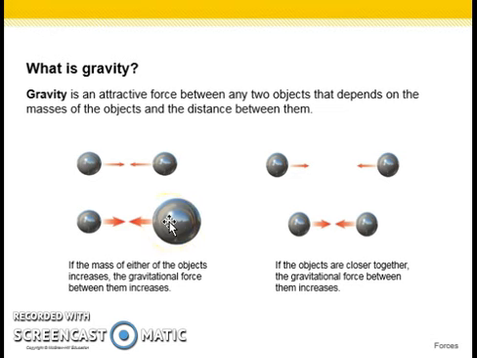So write that down. As the mass increases, so does gravitational force. The second side of that is not so much about mass, but about how close they are together.